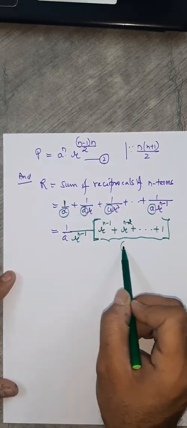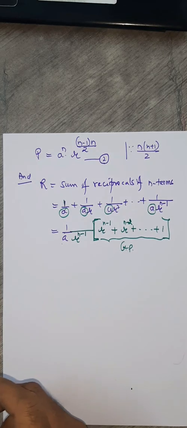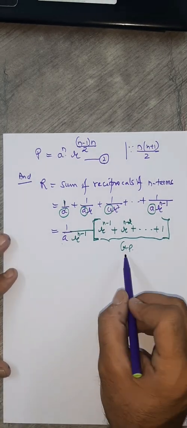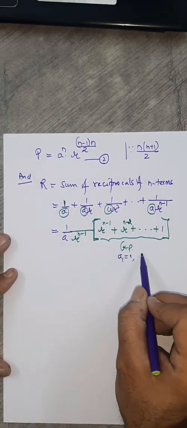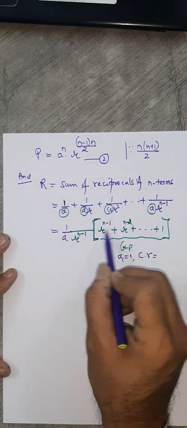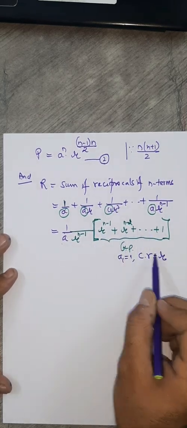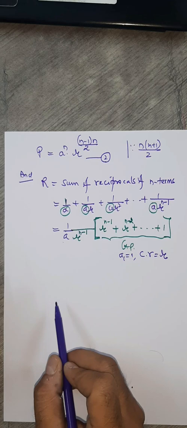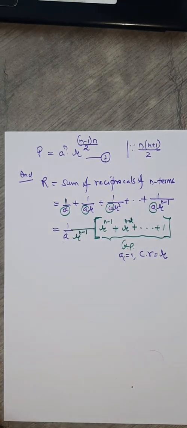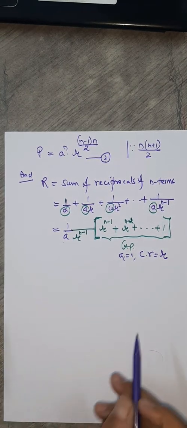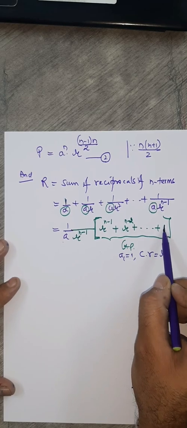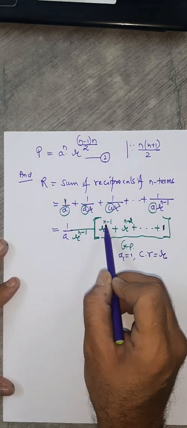This is a geometric progression. What's the first term there? The first term is 1. Here a1 is 1. And what's the common ratio? You can see it is just r. So you can add how many terms of this geometric progression? Can you think how many terms are there in this GP? Starting from 1 to r raised to n minus 1.